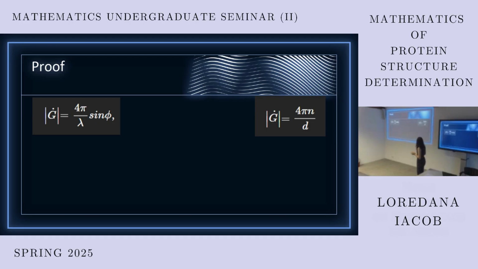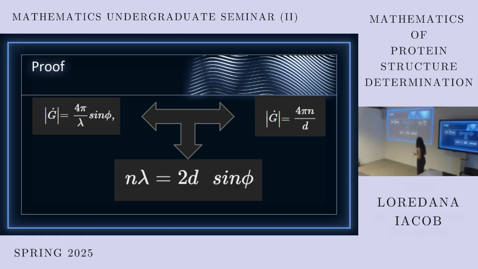If we put these two together, we get the famous formula of Bragg's. An integer multiple of the wavelength of the wave is equal to 2 times the distance between the planes and sine of theta. And we know this happens because in this experiment, when the wavelength doesn't have such a value, the rays do not interact with each other, so we don't get any maximum or minimum.